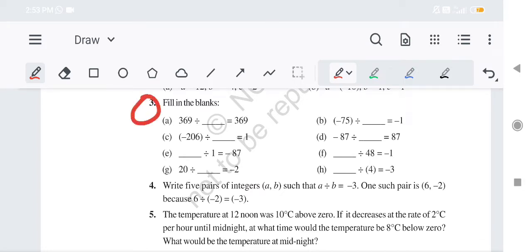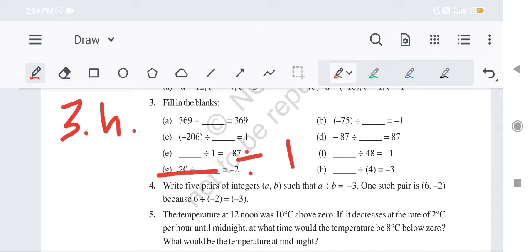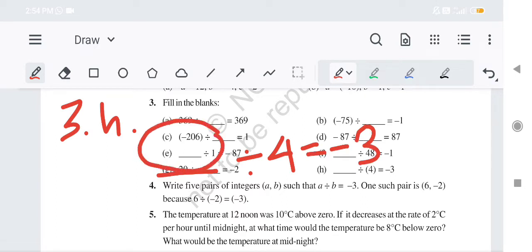Here some fill in the blanks are given and I would like to start from the last sum because there I can see some variations. So question number 3H, it is written something divided by 4 is equal to minus 3. Whenever we divide the dividend by the divisor, we get the quotient, but when the quotient and the divisor are given, how to find the dividend?